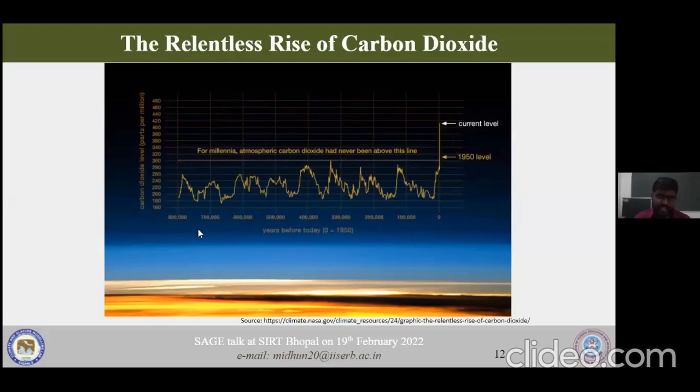This is a diagram which shows the carbon concentration variability over a period of millennia. You can see that, from long before even the birth of Earth, this is the highest value of carbon concentration recorded, which is now.